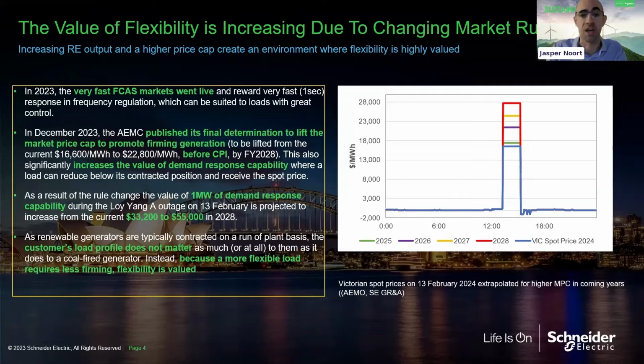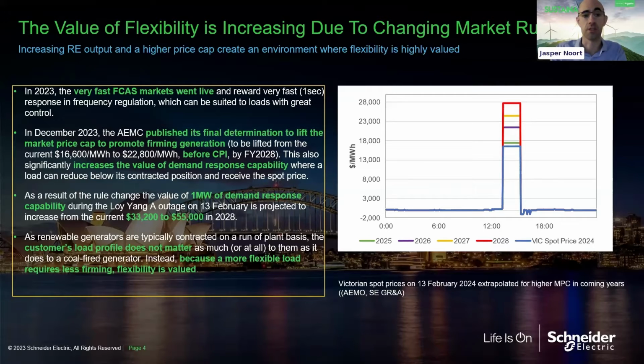And as a result, we had prices at the market price cap for nearly 2 hours. So a 1 megawatt capacity of demand response during those 2 hours would have received around $33,000 this year. However, by 2028, they would receive nearly $55,000.